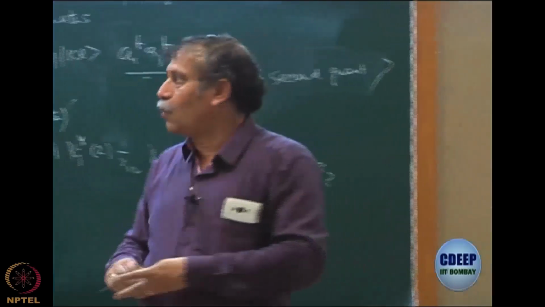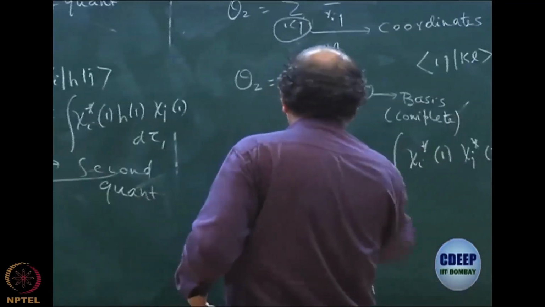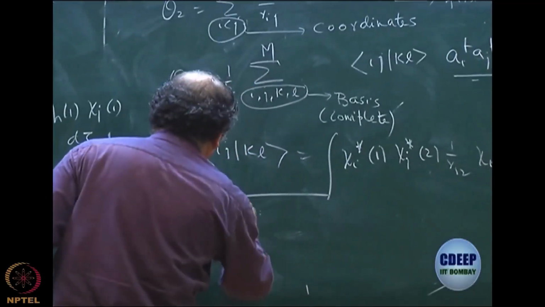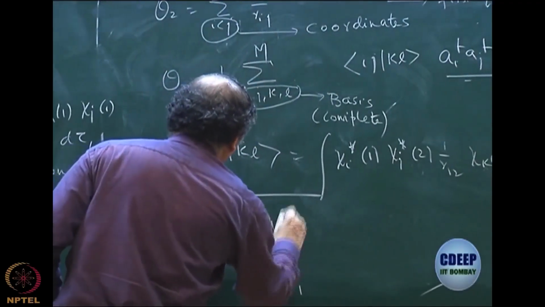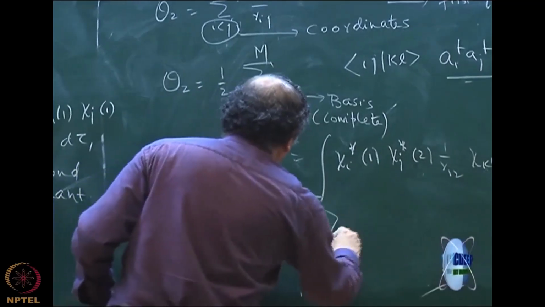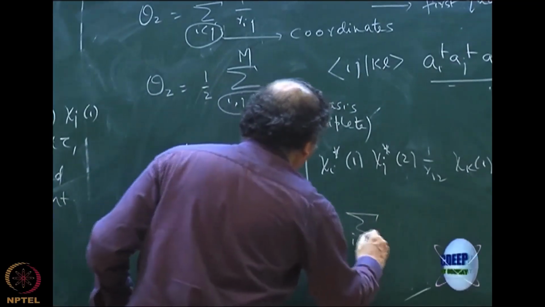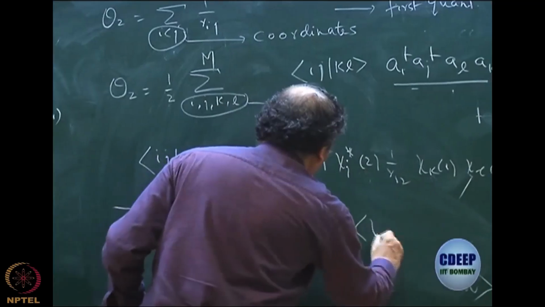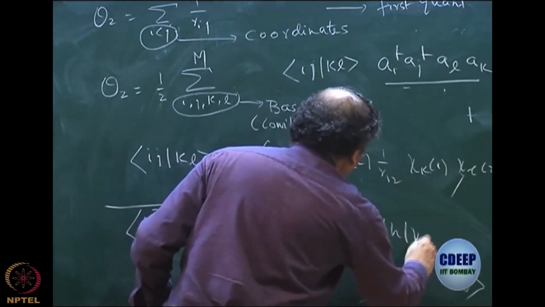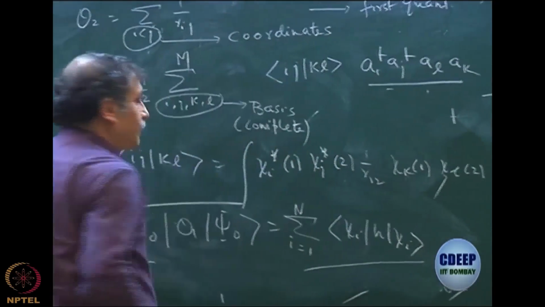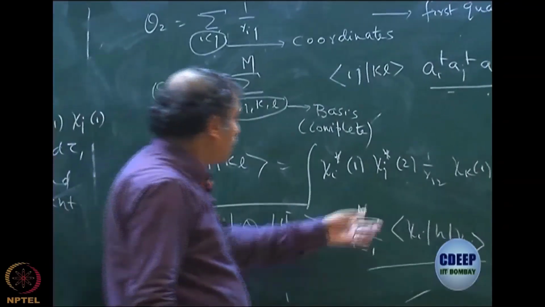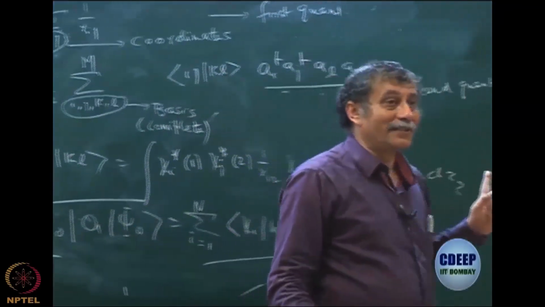We will do one or two such practice problems, for example ⟨psi_0|theta 1|psi_0⟩, which is easy. We know that this is nothing but the sum over i equal to 1 to n of ⟨chi_i|h|chi_i⟩. The coordinate is a dummy, only spin orbitals, but only n spin orbitals.